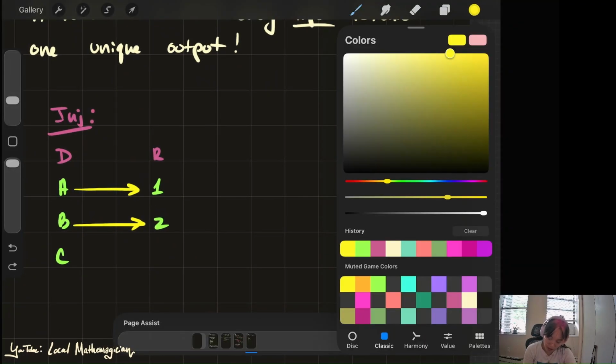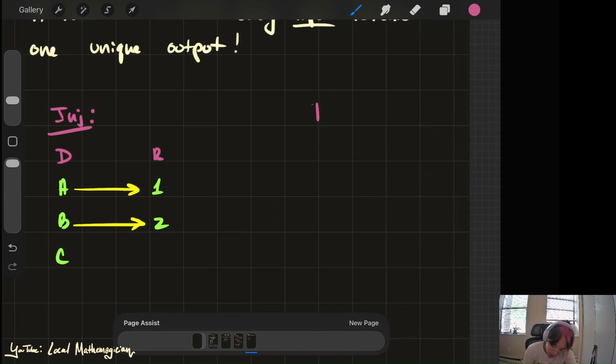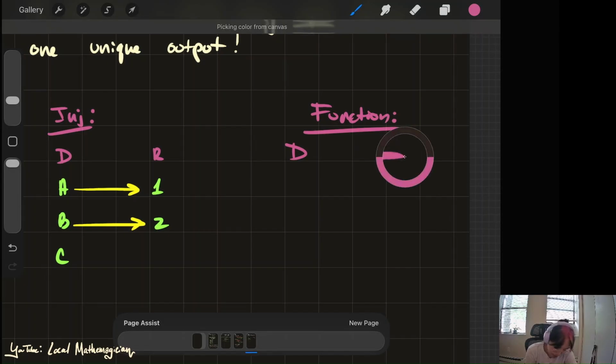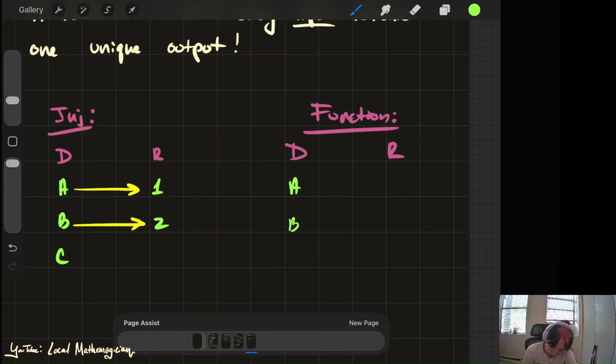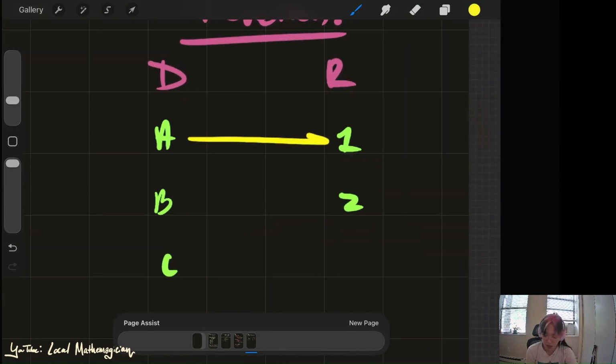For a function, here we go. For a function, domain, range, A, B, C, 1, 2. For a function, you can do this. This is okay. All right?